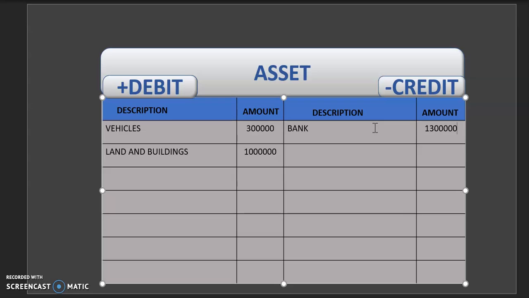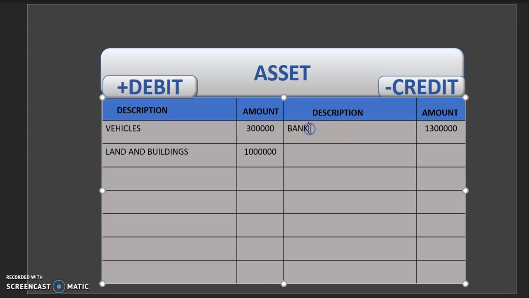For example, if you had a balance of 2 million and you buy something to the value of 1.3 million, that means your account went down from 2 million to 700,000. So that is what is happening here.